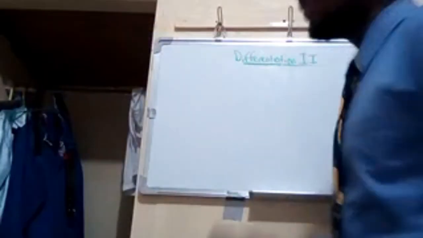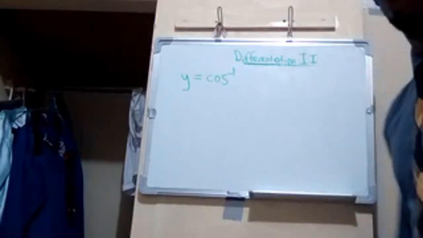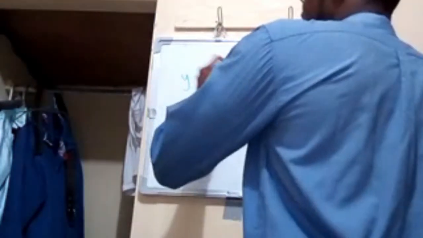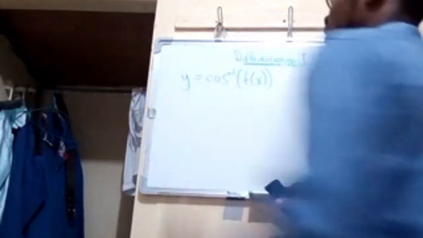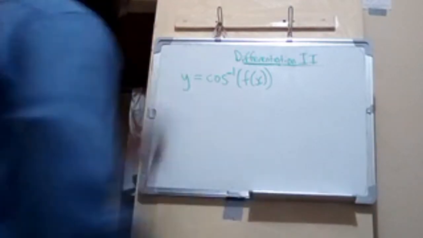Now, let's say that y is equal to cosine inverse of f of x. So then we're going to find dy by dx.